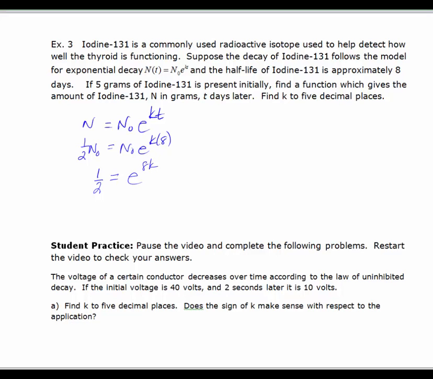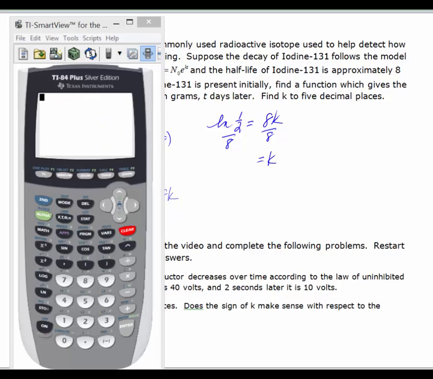If I want to solve for k, I would take the natural log of both sides. The natural log of e to anything is that exponent, so I have the natural log of 1/2 equals 8k. Divide both sides by 8. We'll pull up our calculator. Take the natural log of 1/2, or you could use 0.5.